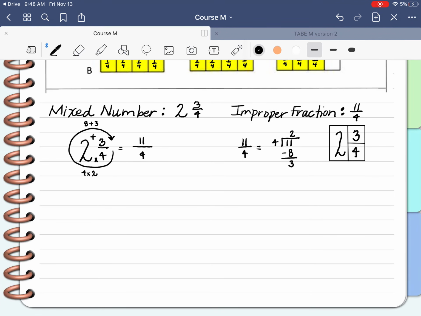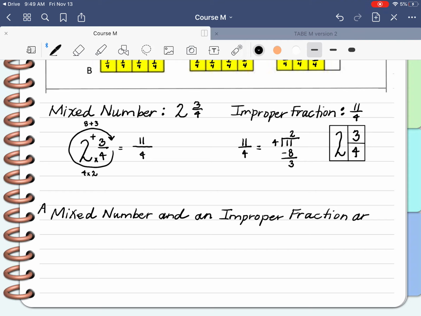Mixed numbers, let's say a mixed number and an improper fraction are inverse, let's use the real fancy word, algorithms.